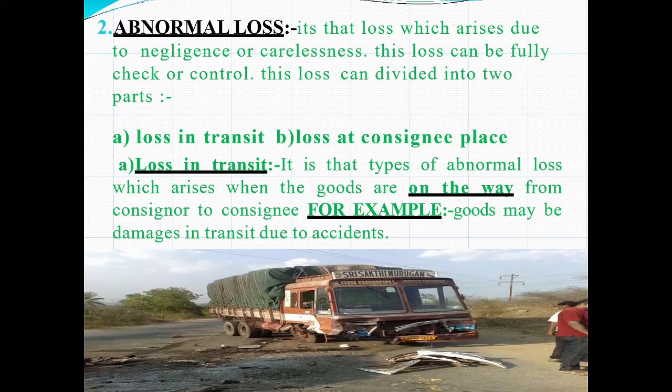An abnormal loss is of two types: loss in transit and loss at the consignee's place. Overall, abnormal loss is due to human negligence or carelessness. When you are traveling with an egg load, you have to take care to go slow.